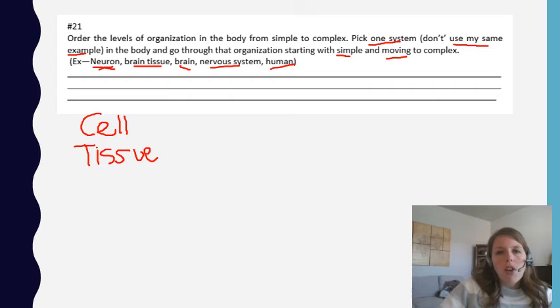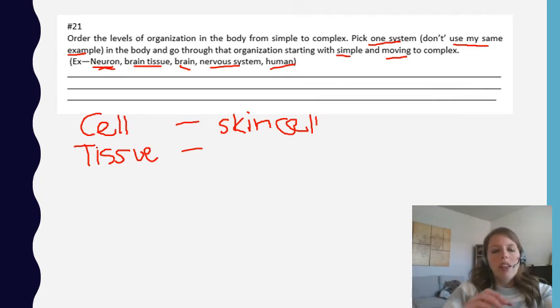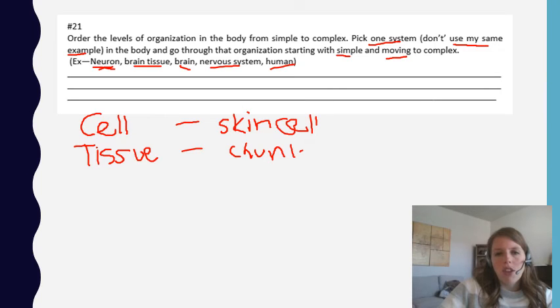Okay, so you have like skin tissue, right? And I want you guys to think of one other example that you could do. So we could do maybe a skin cell, right? So a skin cell would be an example, and of tissue, it would just be like a chunk of skin. I know that sounds gross, but that would be a piece of the tissue, chunk of skin.